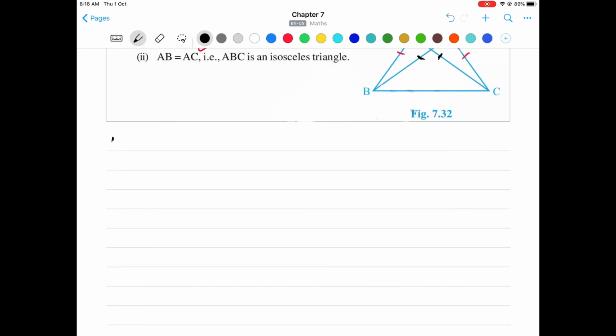So first we'll start by writing the given portion. Answer number 4, given here is a triangle ABC.